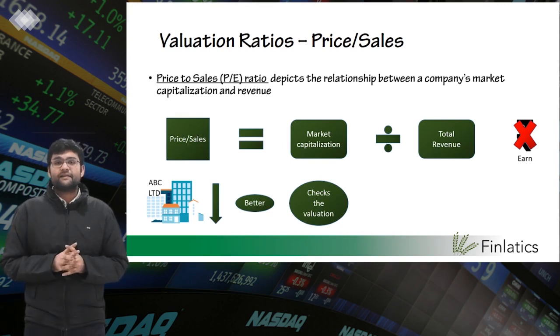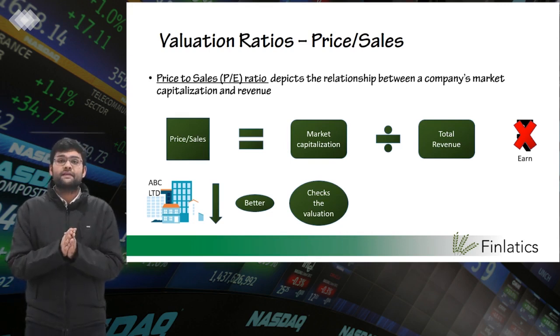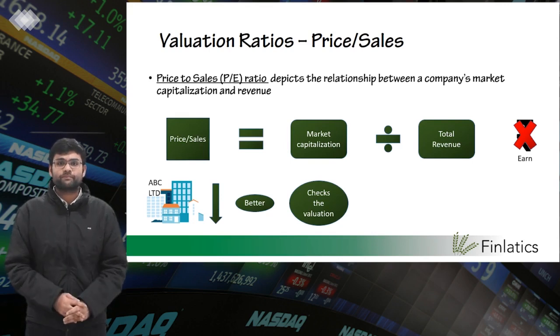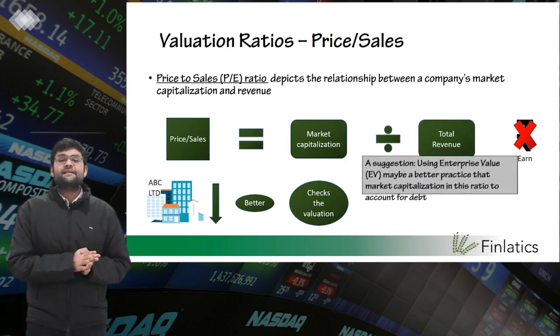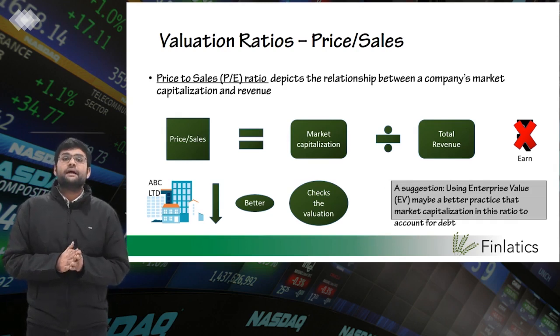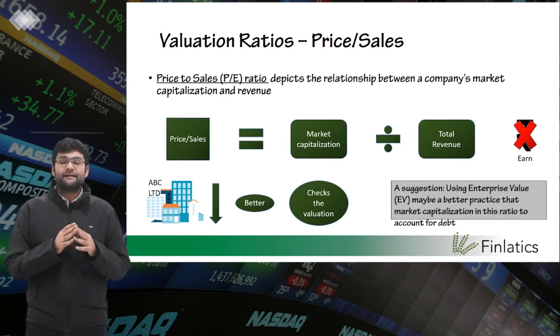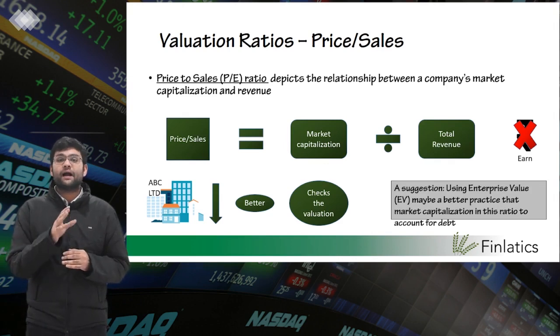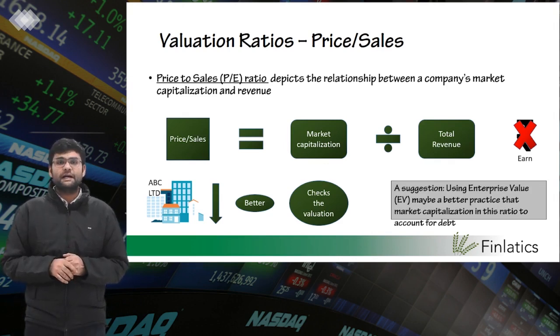However, we have a suggestion. When you are using the price to sales ratio, using enterprise value instead of market capitalization can help you understand and gauge a company better, as enterprise value takes into account debt.